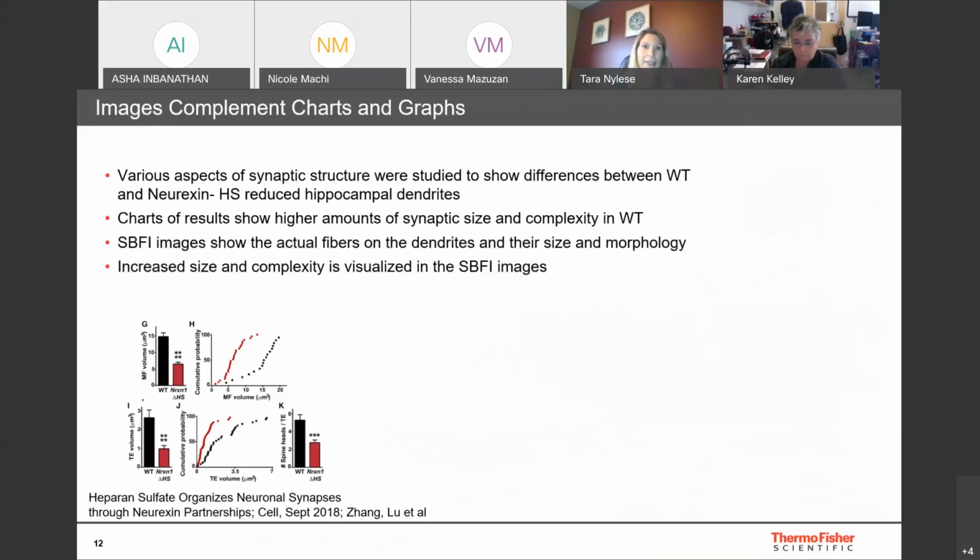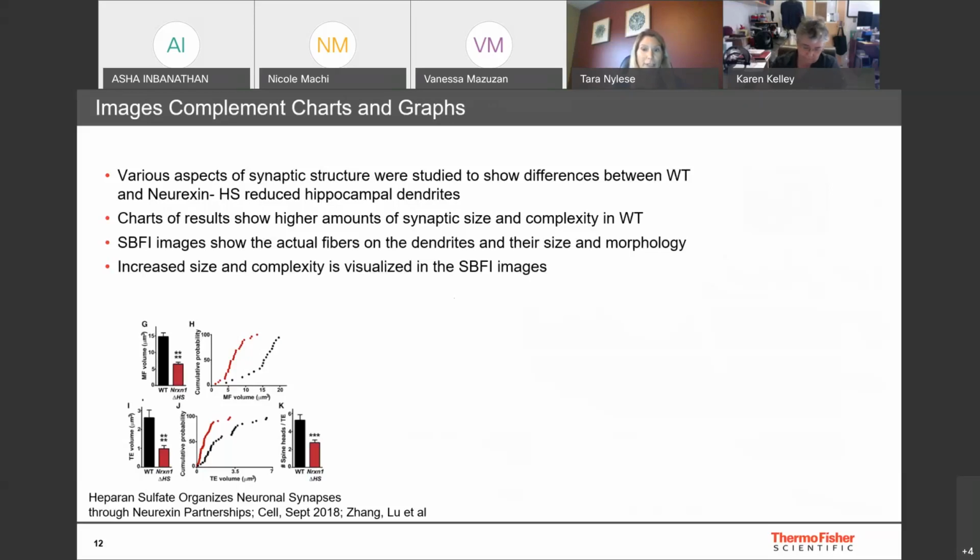And another example of where 3D electron microscopy complements other work is when you're looking at quantitative variation. So say in between a wild type and a modified experiment, a knockout or knockdown experiment. In this example here, the neurexin heparan sulfate complex is shown to play a role in neurological and behavior disorders like schizophrenia.